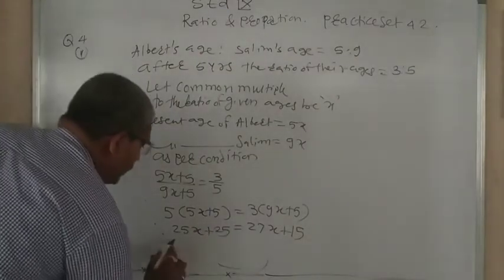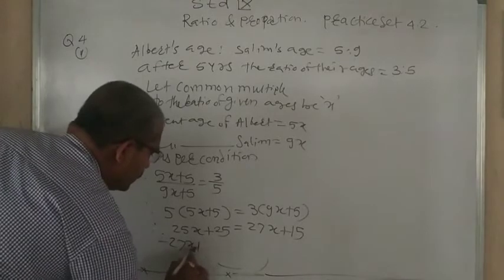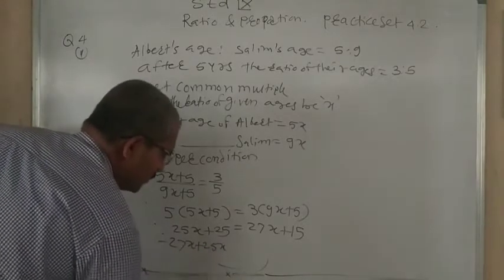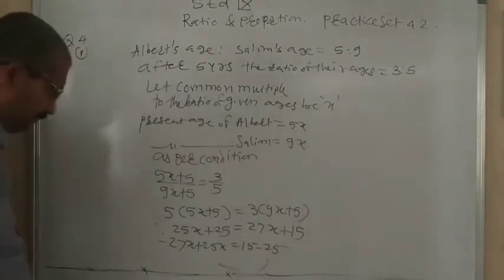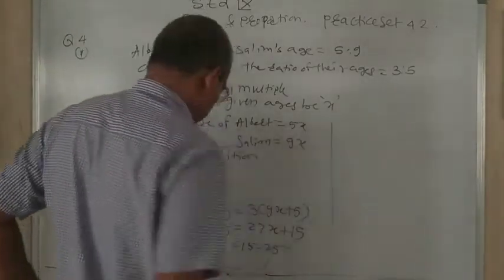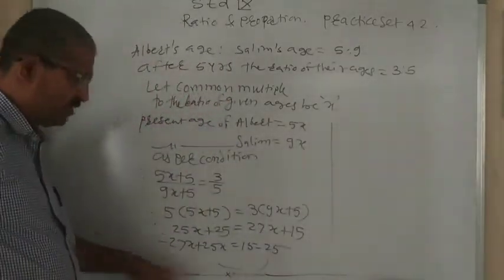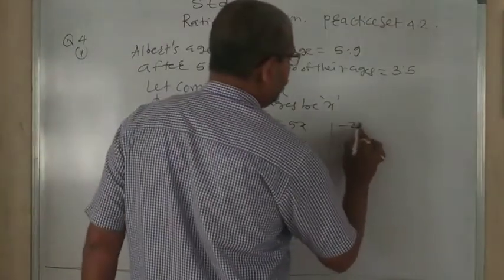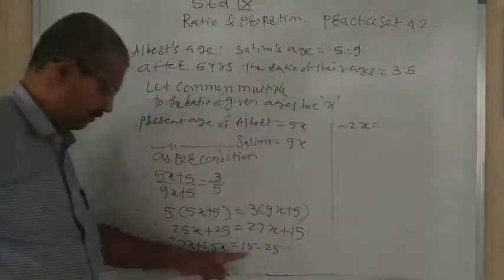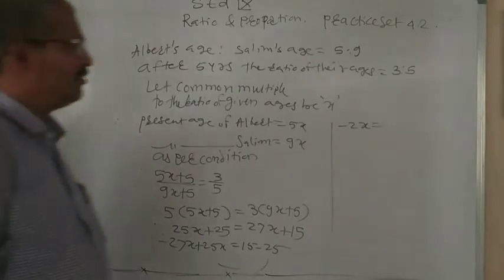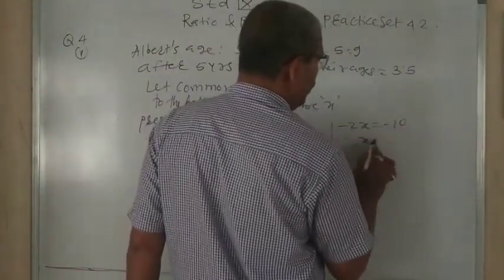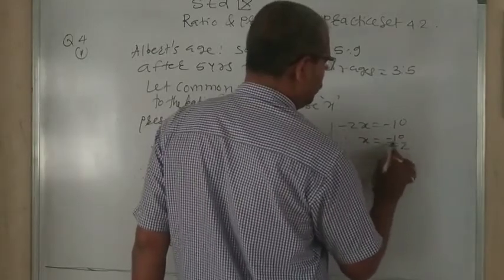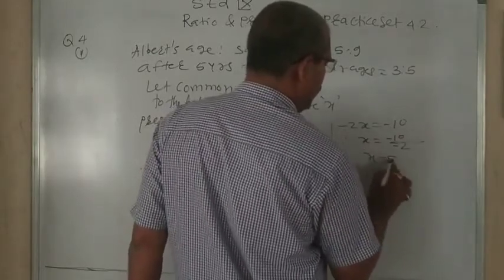This 27x will come here, minus 27x plus 25x is equal to 15 minus 25. 25 minus 27 is minus 2x, 15 minus 25 is minus 10, therefore x is equal to 5.